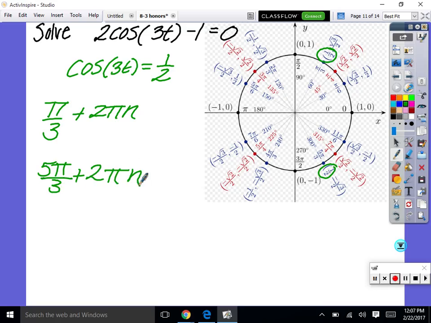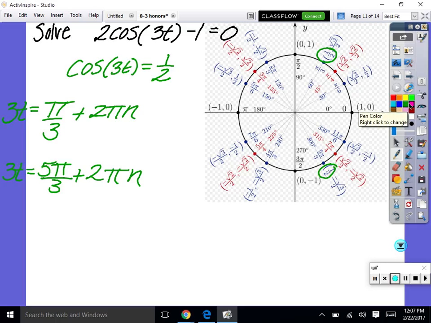Now, this is what we actually have. 3t equals pi thirds plus 2 pi n, and 3t equals 5 pi thirds plus 2 pi n. So instead of just having a t, we have a 3 in front of t.